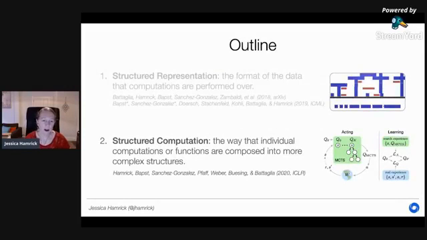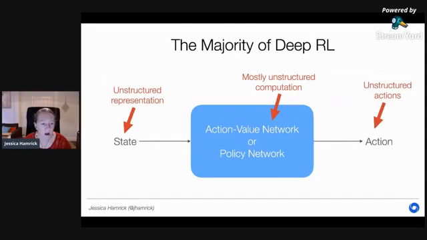So let's go back to our outline now and move on to the next section of the talk, which is to focus less on the representations and more on the types of computations that we're performing. Specifically, consider the diagram I showed you earlier about the dominant approach in model-free RL. We already saw in the last section how structured representations let us reason compositionally.